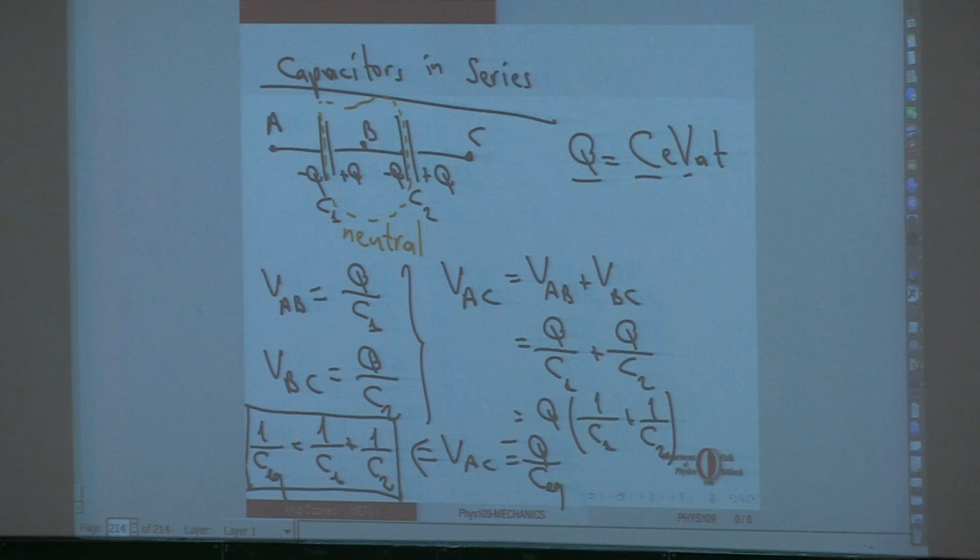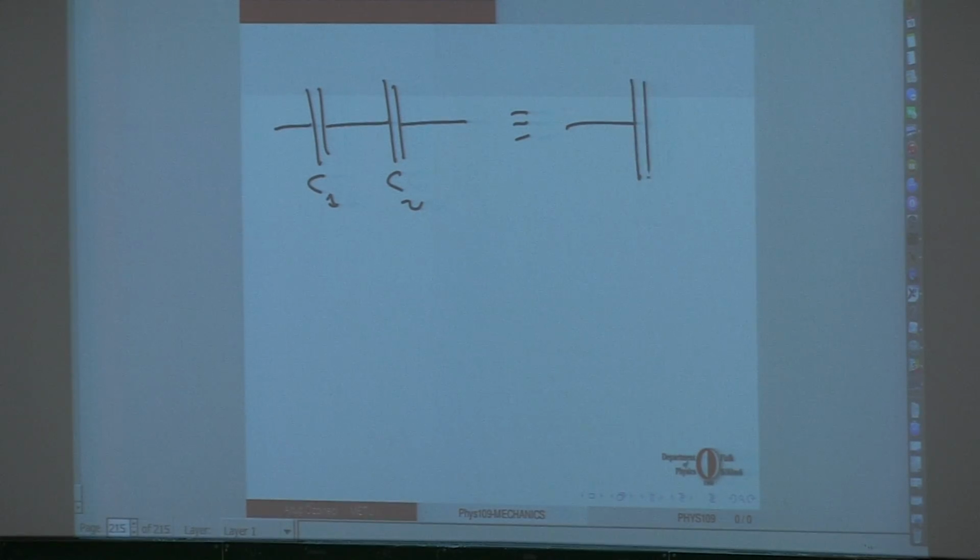And you will do the same amount of work, and the capacitor will store the same amount of charge, the same amount of energy in the system. They store the same amount of energy. C1, C2 behaves exactly like this one.